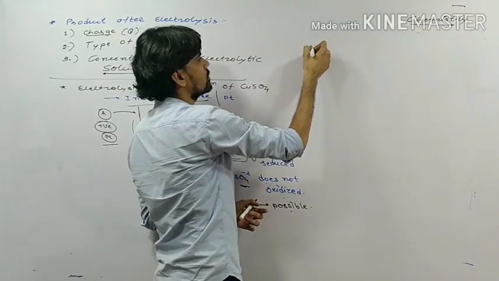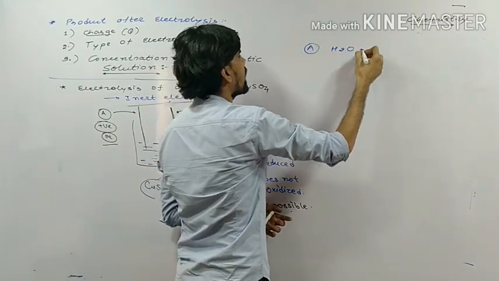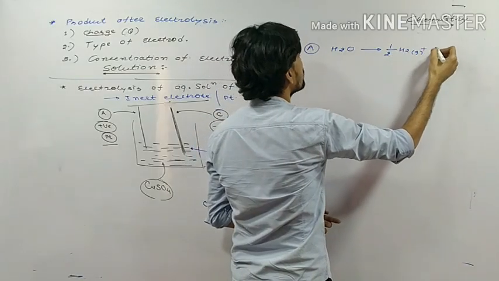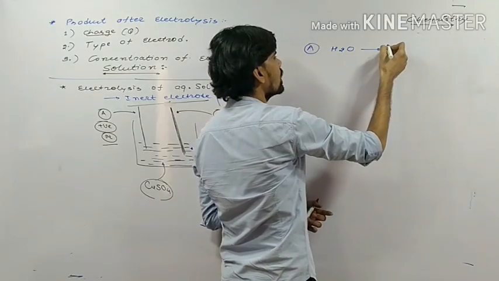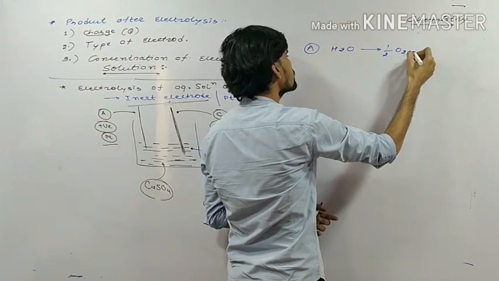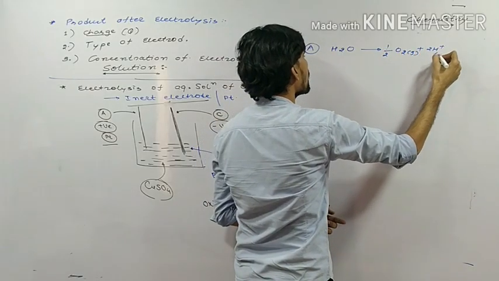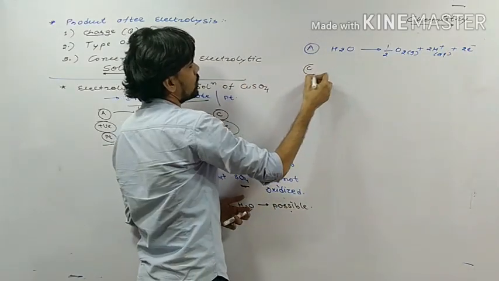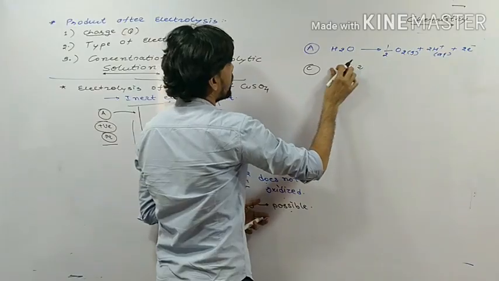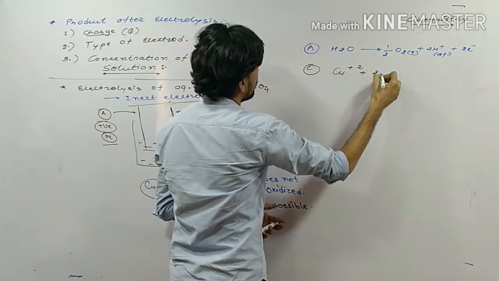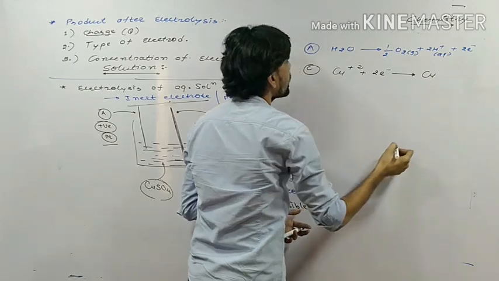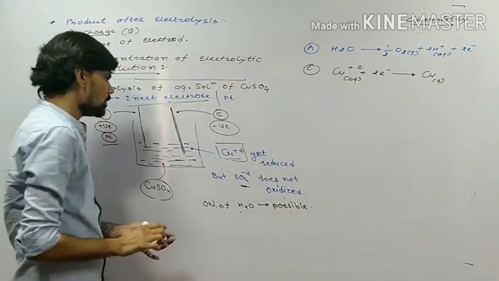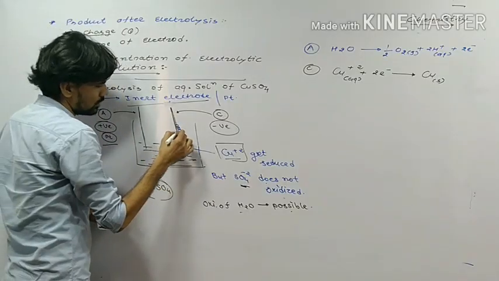At anode, H2O gets oxidized, H2O will give half O2 gas plus 2H+ aqueous plus 2 electron. On cathode, Cu2+ plus 2 electron converts into copper solid. So here we gain copper.